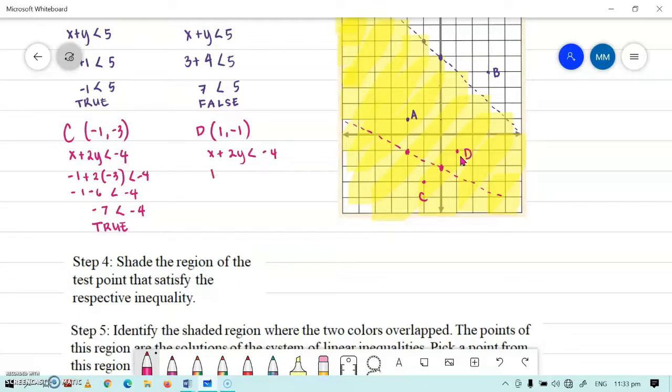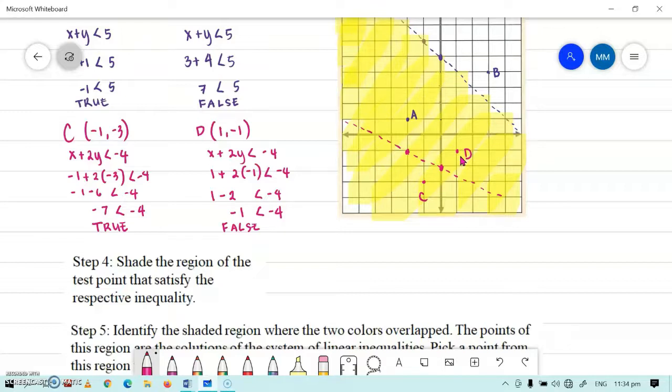So we have 1 plus 2 times negative 1 is less than negative 4. 2 times negative 1 is negative 2, that's why it's minus 2. 1 minus 2 is negative 1, less than negative 4. Now, is negative 1 less than negative 4? No. So for test point D, our second inequality is not satisfied.